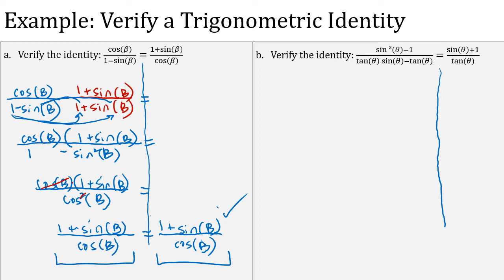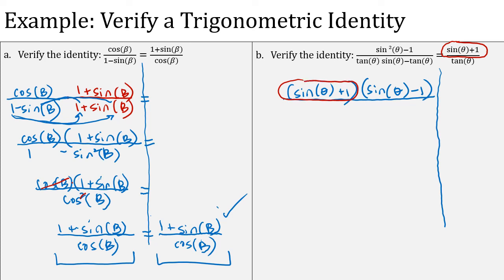Sine squared theta minus 1 could be factored as sine of theta plus 1 times the sine of theta minus 1. I like this approach a little better than using the Pythagorean identity because I'm looking ahead to what I want that numerator to be. I want that numerator to have a sine of theta plus 1, and by factoring, I just created that, didn't I? So I'm hoping that works to my advantage.